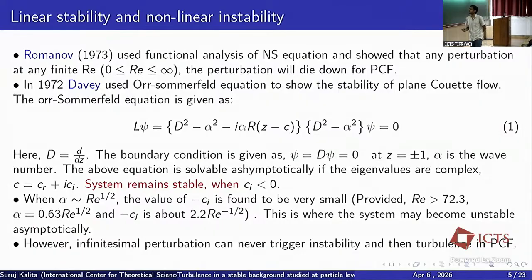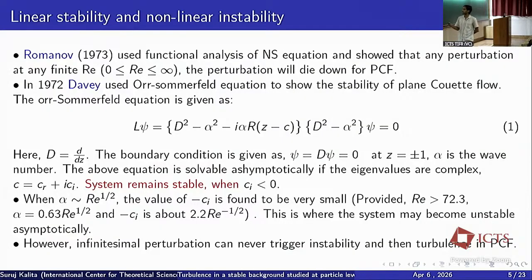Then Davey used the Orr-Sommerfeld equations, and he showed that you can solve these differential equations using asymptotic expansion, and you get eigenvalues which are complex in nature. Of course, we have stability in the system, as the imaginary part of the eigenvalue is always less than 0. But when your wave number scales as R to the power half, and your Reynolds number is very, very high, the eigenvalue is very small, very near 0, asymptotically becoming 0.